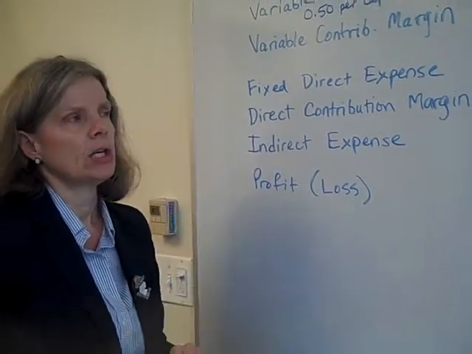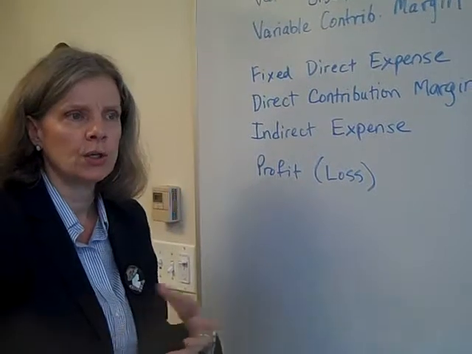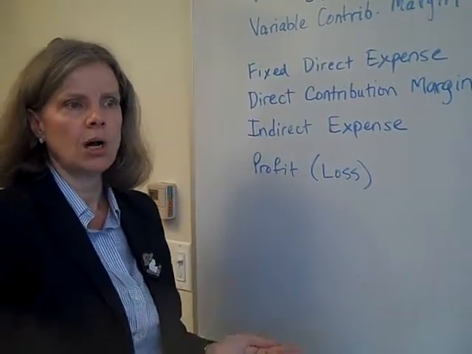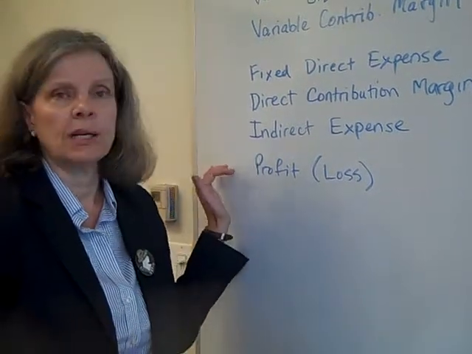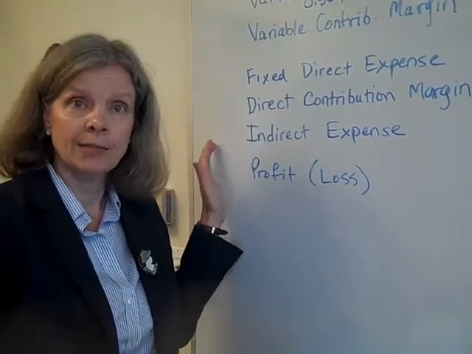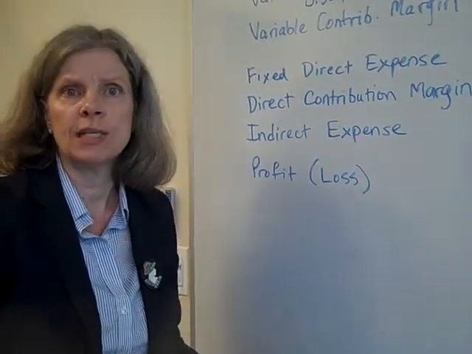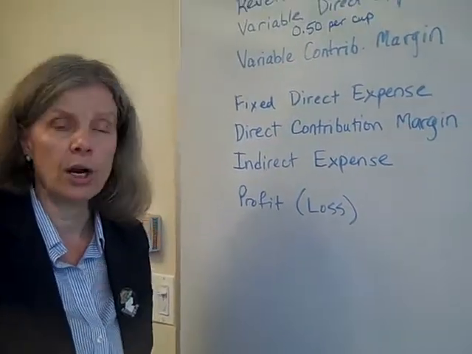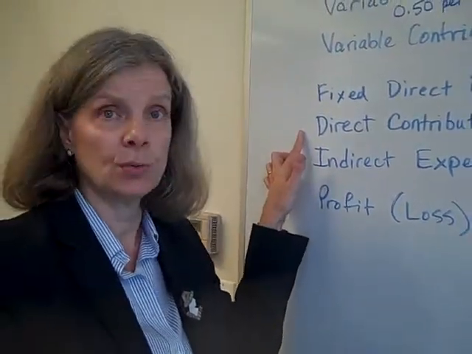It's a little harder to calculate, so it's not so easy to determine what the direct costs of a unit are, but this is very important because as long as that's positive, then that organization is contributing to its indirect costs, which are there anyway. So it's good to have a positive direct contribution margin.